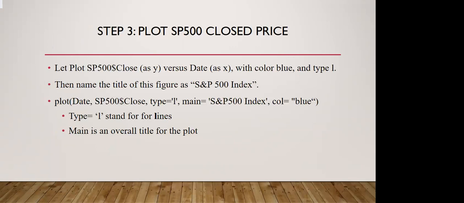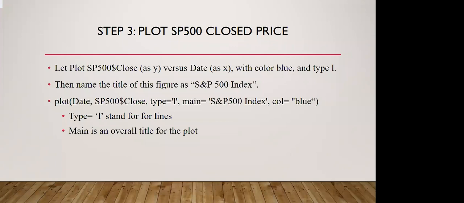The third step is to plot our close price, which is very straightforward. Here we're using our y-axis as the S&P 500 close price. You will see I still use the dollar sign close, and then you just use the plot function.